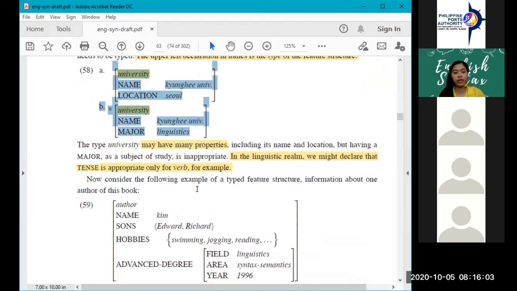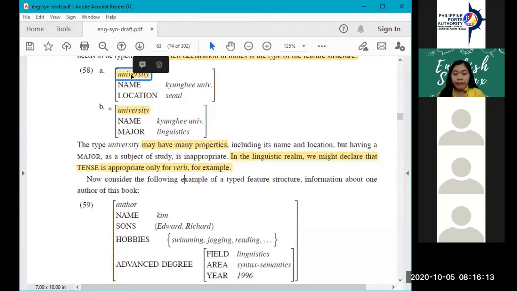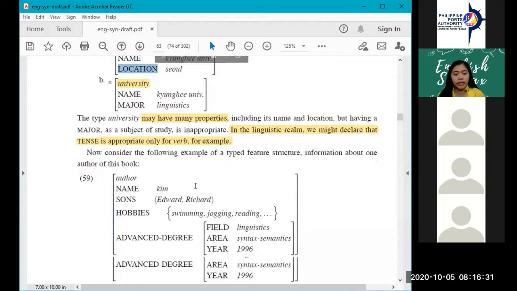So, for example, we might declare that the type verb has a tense, and what else? What other attributes of verbs are there? So the type is verb, and these are the attributes, tense, for example.